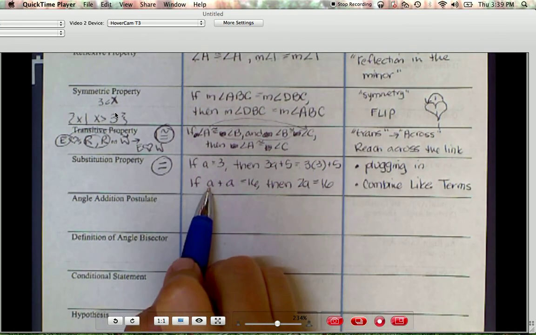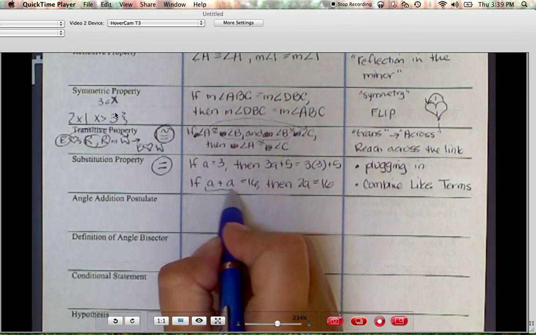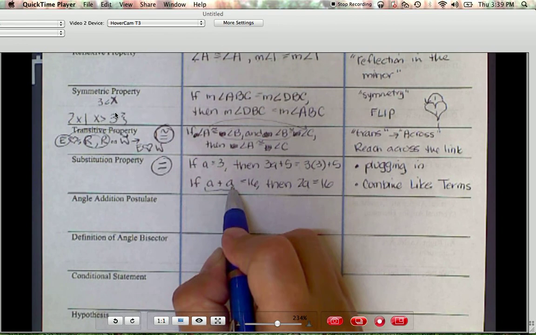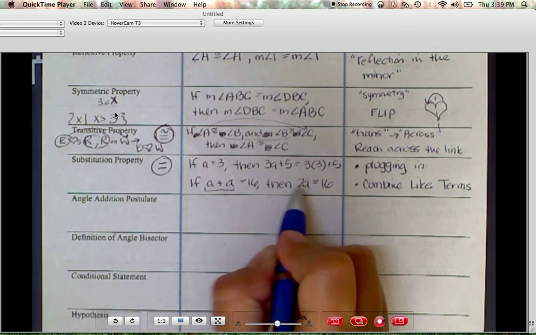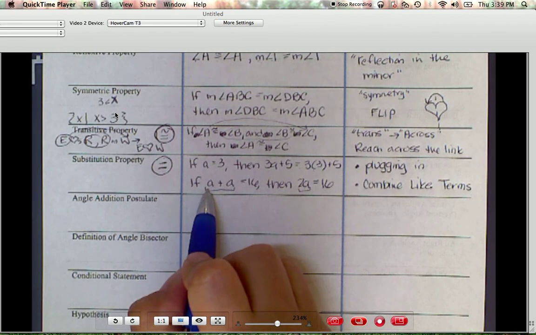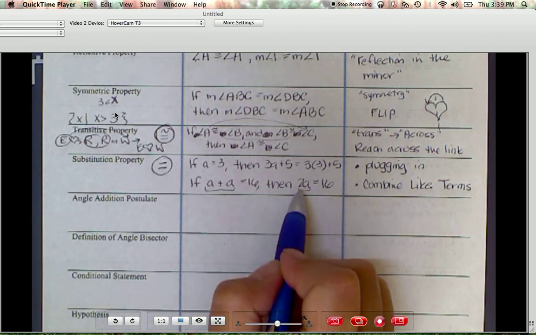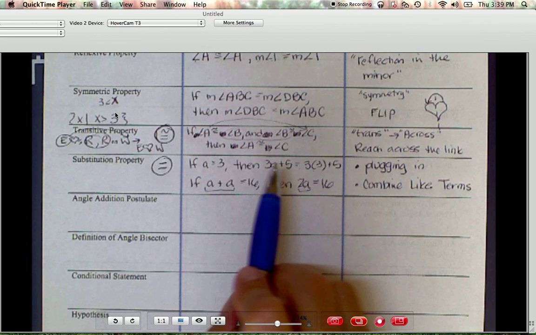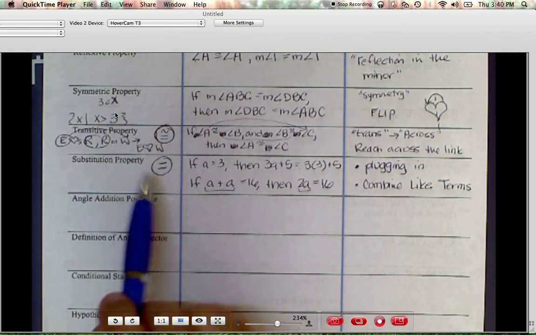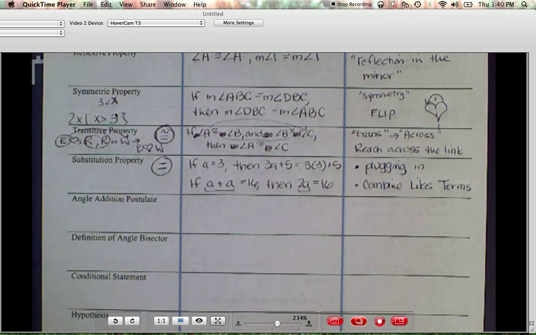So we know that A plus A equals 2A. So since we know that to be true, we can go ahead and combine those like terms to write 2A. We're still putting something in place of something else that it's equal to. So it's the same idea. There's just two different ways that you can see it. All right. So these are the properties that we're going to be using.